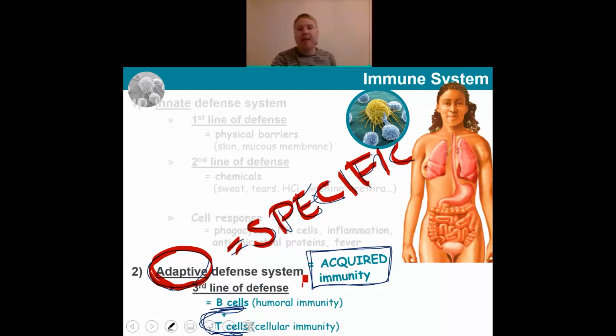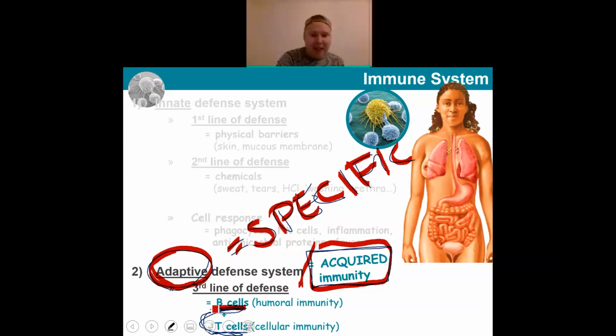That's why the adaptive branch is sometimes called acquired immunity in other countries. You first meet a pathogen, and then you meet it again, and the second time your adaptive immunity kicks in because you have acquired a plan for how to deal with this pathogen. Now you have kind of a memory. You have something in your immune system with instructions on how to deal with this pathogen.